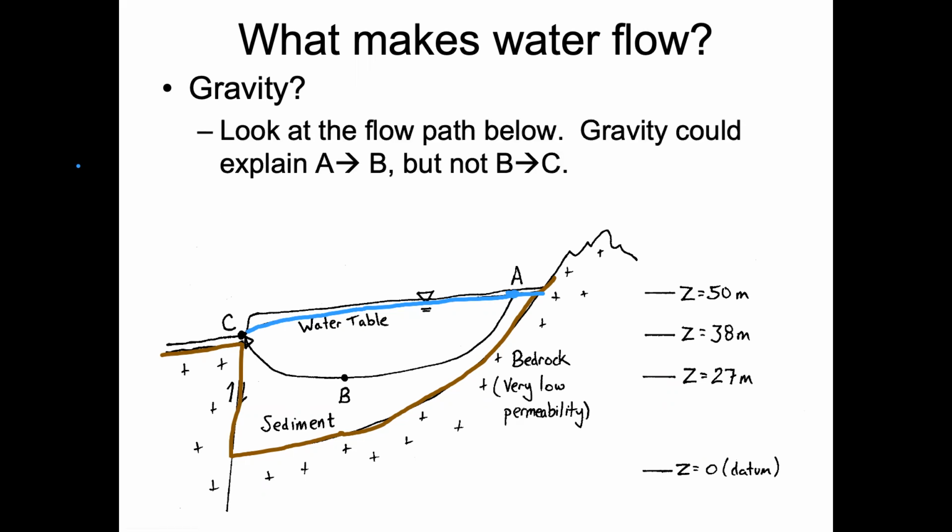If we look at the flow paths, gravity could explain water flow from A to B, right? That would make sense. But how would gravity explain water flow from B to C? That would be almost against gravity. It wouldn't quite make that much sense.